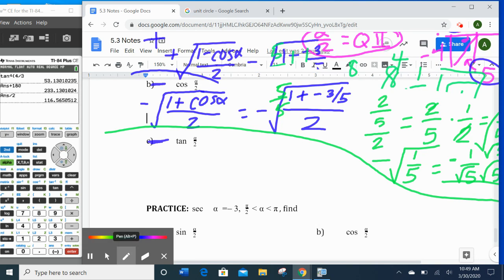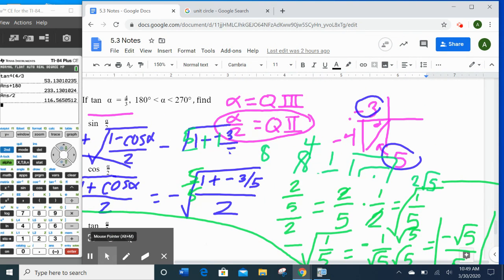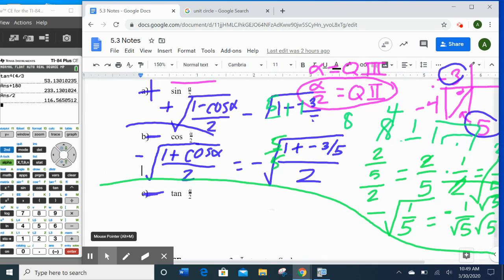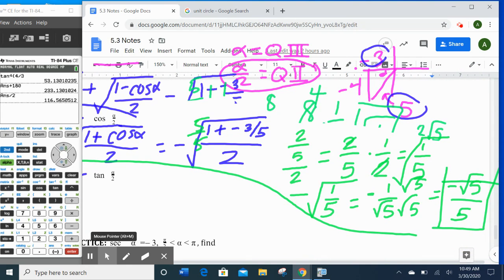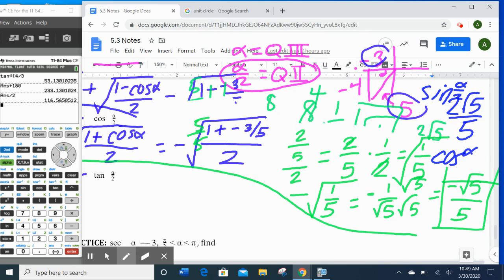I can use the formula, or I can take sine of alpha over 2 divided by cosine of alpha over 2, except I erased the sine of alpha over 2. So let's see, the sine of alpha over 2 ended up being 2 root 5 over 5, and then cosine of alpha over 2 was negative root 5 over 5.